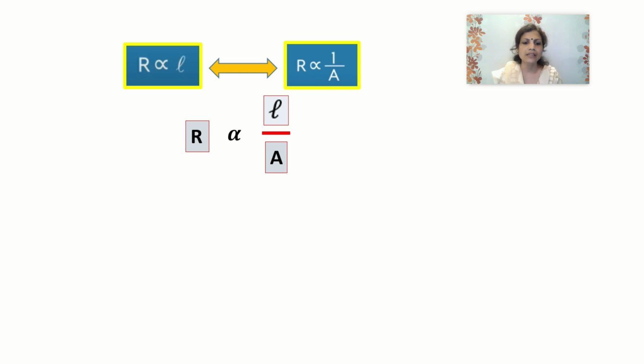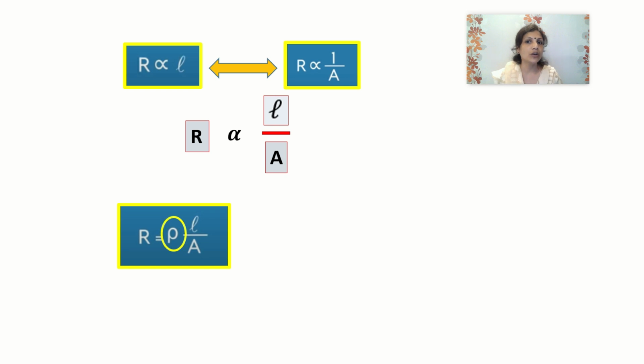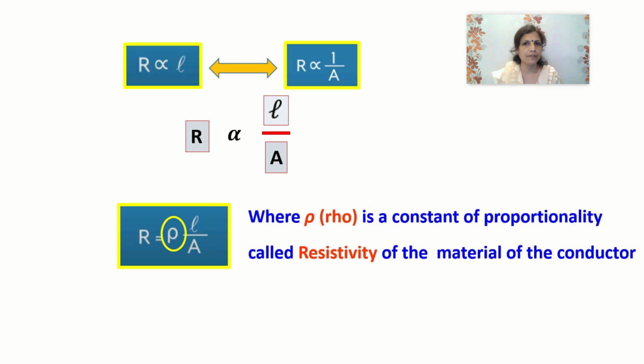If I remove the proportionality sign, I have to make use of one constant. That constant is denoted by the letter rho. So R is equal to rho L upon A. This rho is a constant of proportionality, called the resistivity of the material of the conductor.